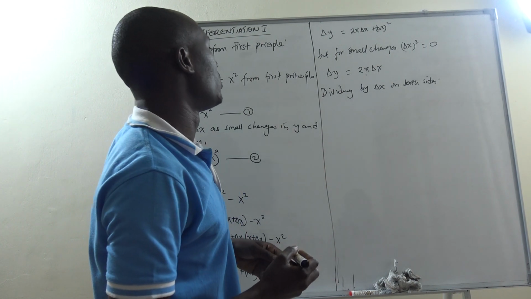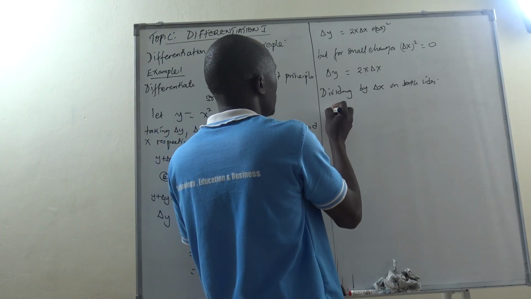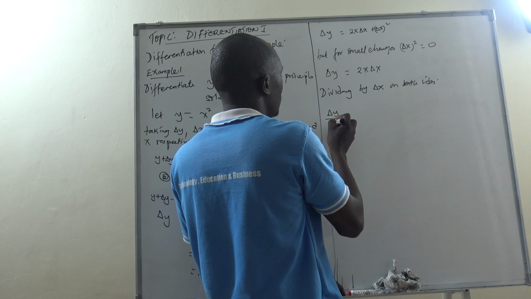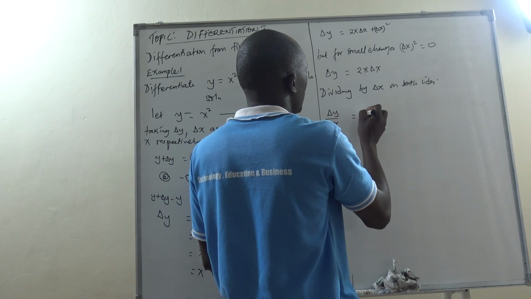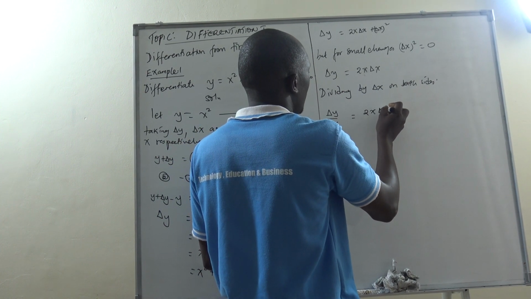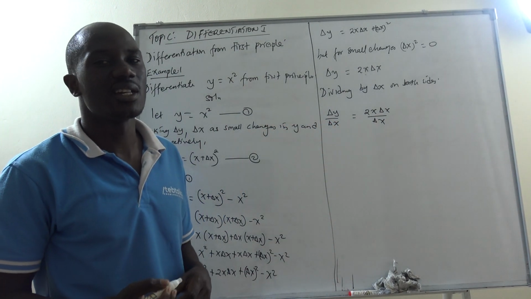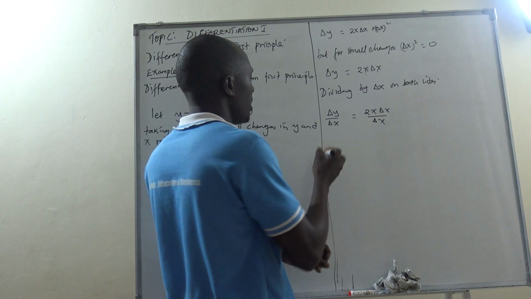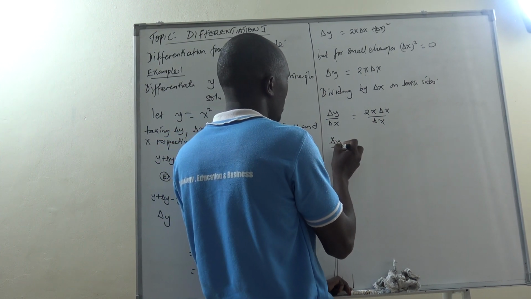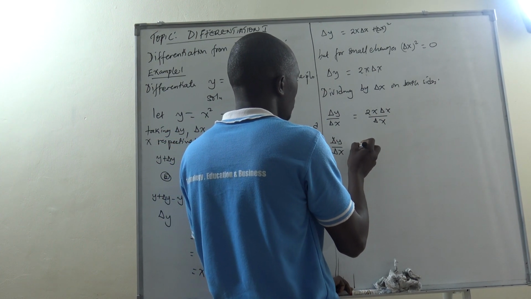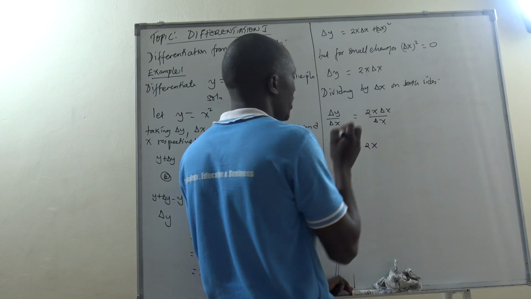So 1 divided by delta x, and we see what will come out. We are having delta y over delta x equals 2x delta x over delta x. You can see the delta x on the right hand side is disappearing. So we are remaining with delta y over delta x, which is equal to 2x.